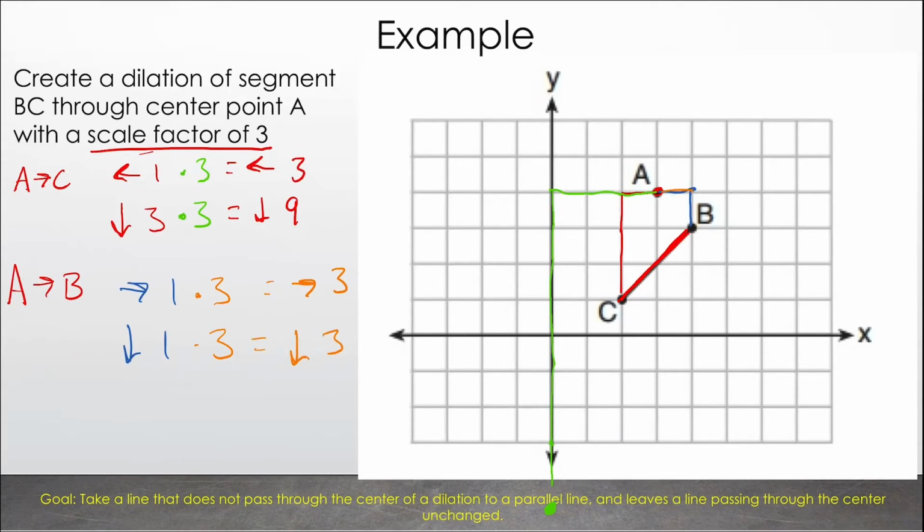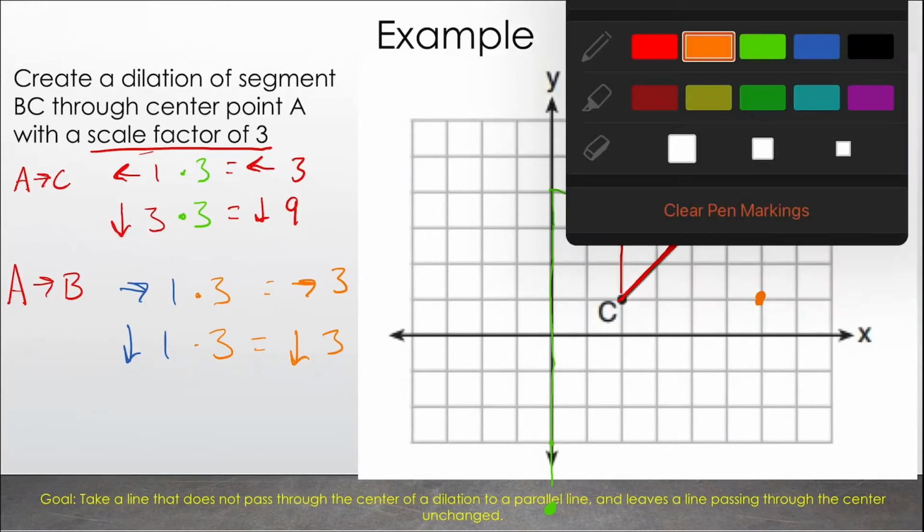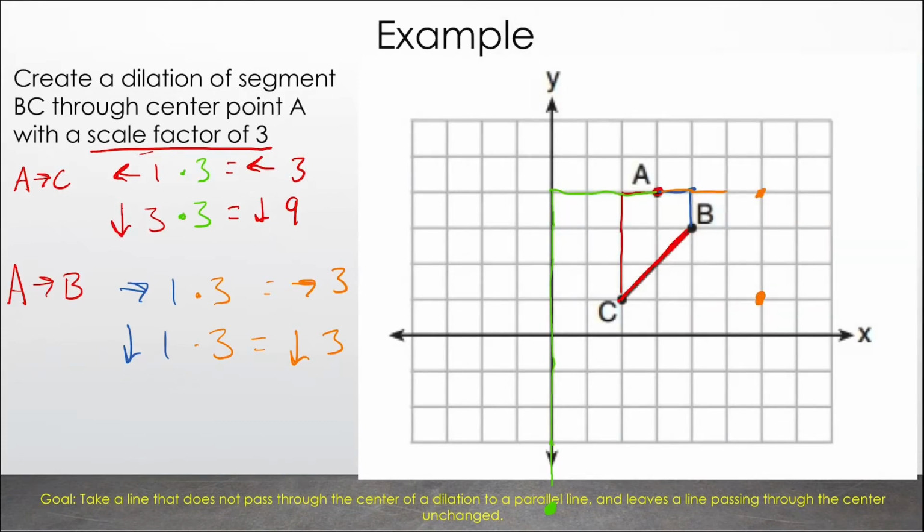So 1, 2, 3, 1, 2, 3. There's my new point. Now when I connect these up, I should get a line that's about 3 times the length of my original line and is about that center point, which this looks like it would be. So those lines are parallel.